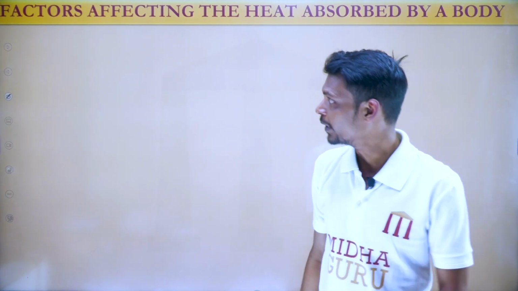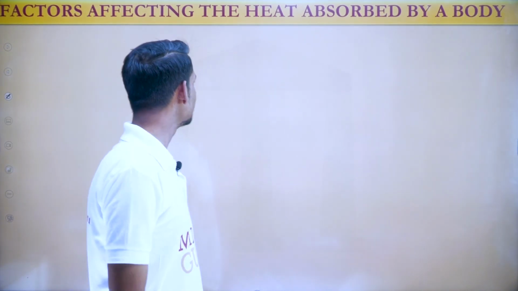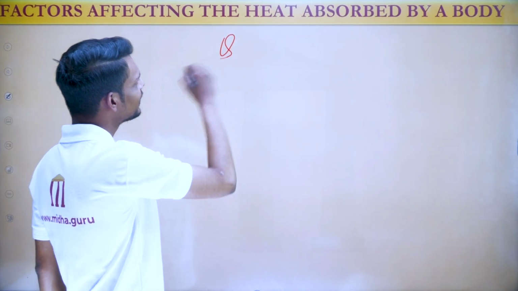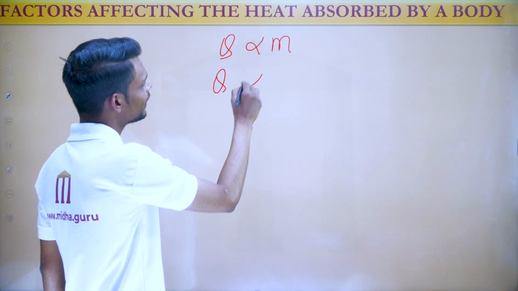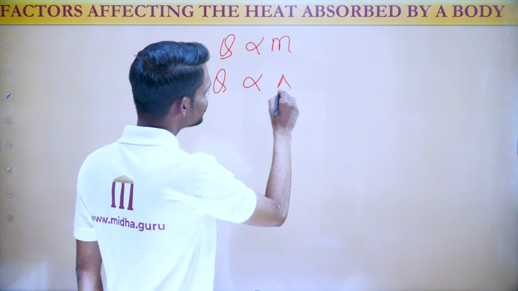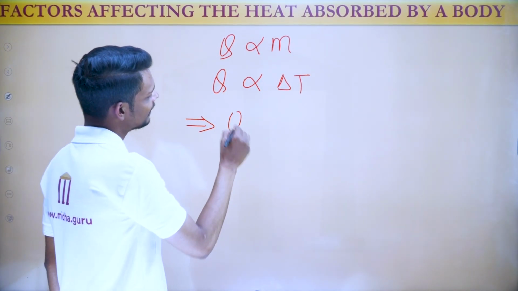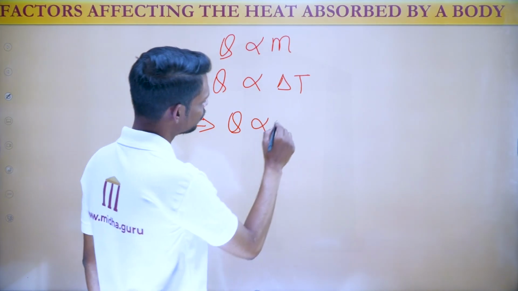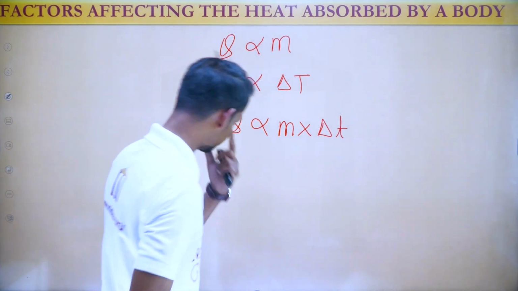Let us move forward. Now, if we try to summarize the discussion of the previous slide, then we can say that heat energy Q is directly proportional to M and heat energy Q is directly proportional to the change in temperature. So if I write it in simple terms, then I can say that heat energy is proportional to mass times the change in temperature.